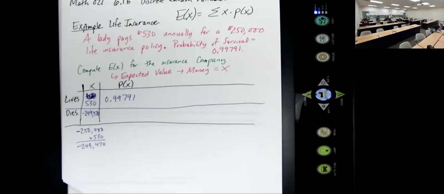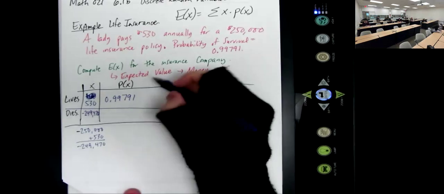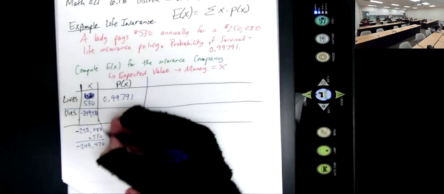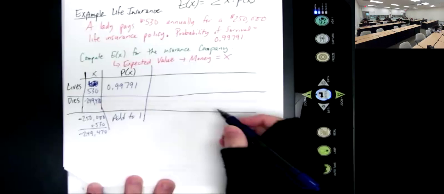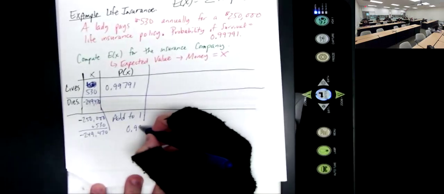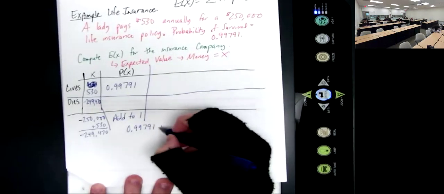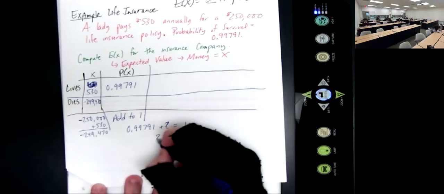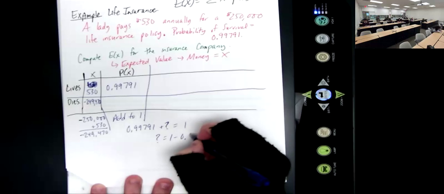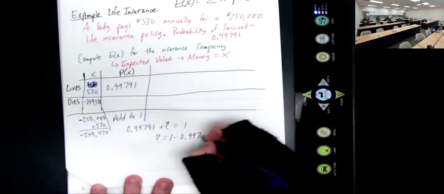They didn't tell us this, did they? Well, what do we do now? The probabilities have to add to 1, right? So 0.99791 plus question mark is 1. So question mark is 1 minus that. This is like the event and event complement.